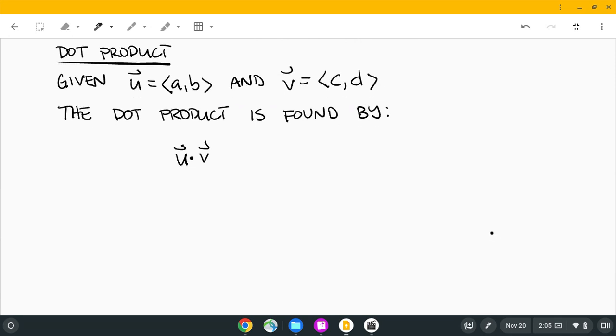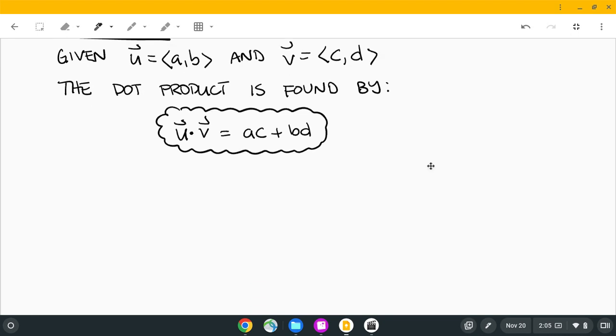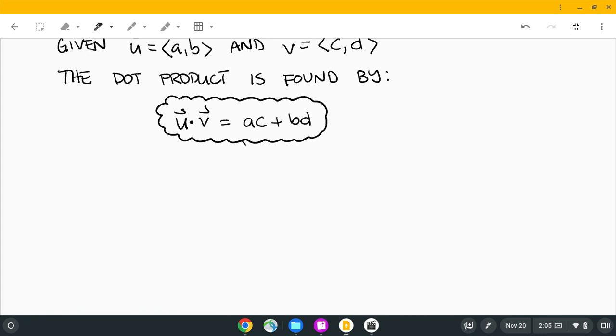So u dot v is defined to be a times c. A is this x component and c is this x component. So you multiply the x components, and then you add that with the product of the y components. One thing to notice about the answer here: this is a scalar, a real number, and this is a scalar, a real number, and when you add them together, you end up with a scalar.